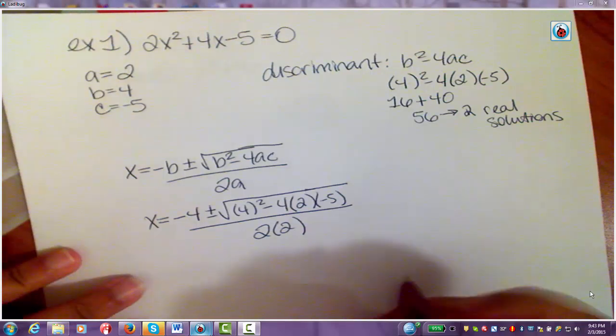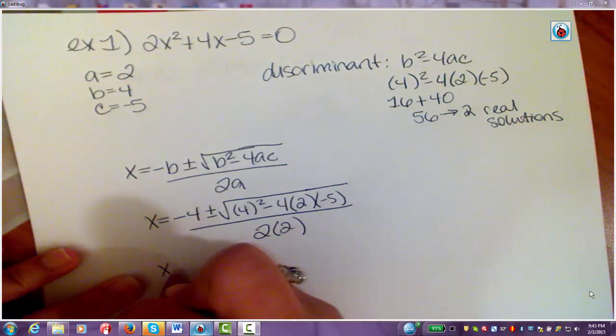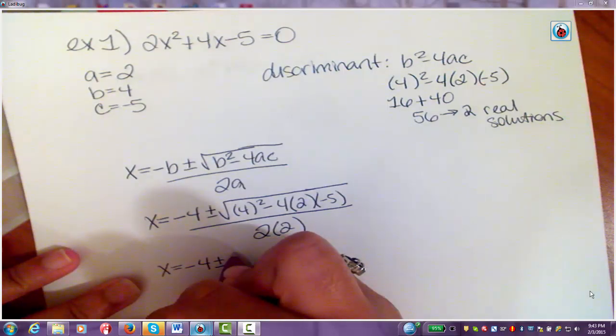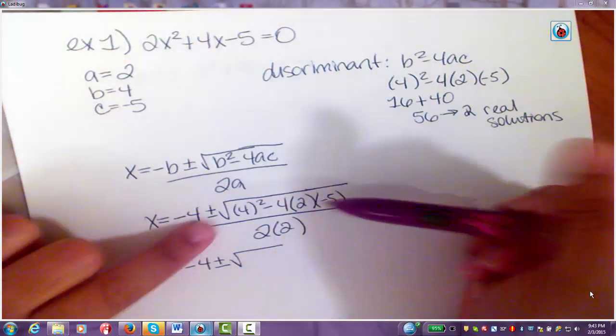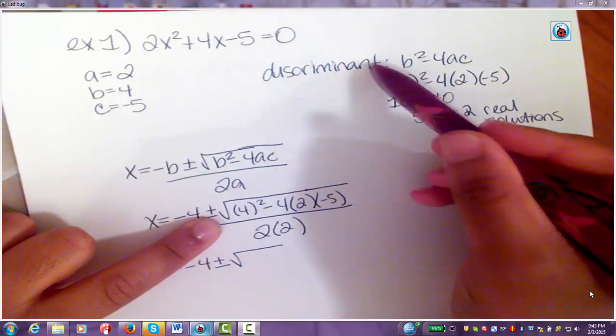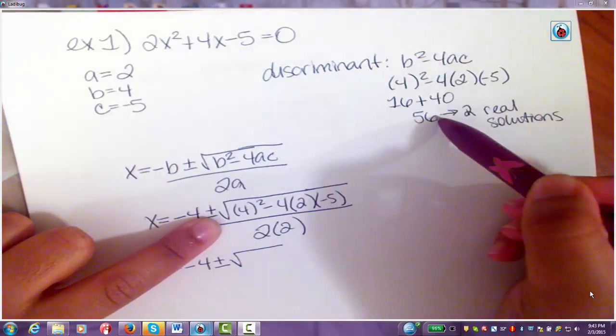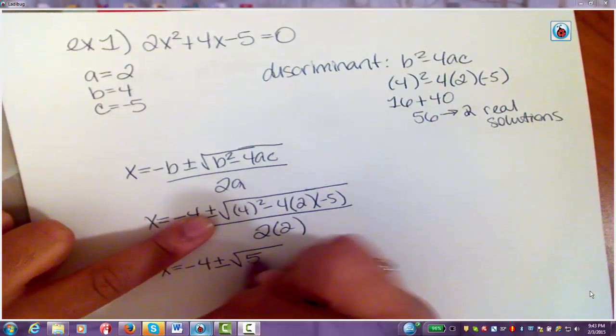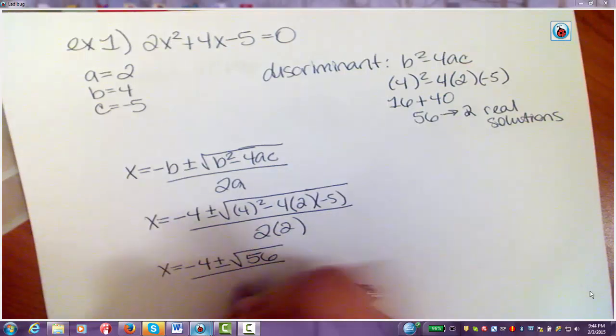Now we simplify. So x equals negative 4 plus or minus the square root, and remember, the portion under the radical is the discriminant, and we already found that it was 56. So negative 4 plus or minus the square root of 56 over 4.